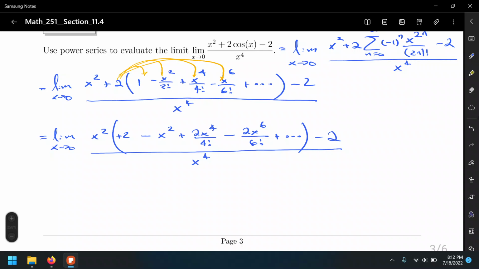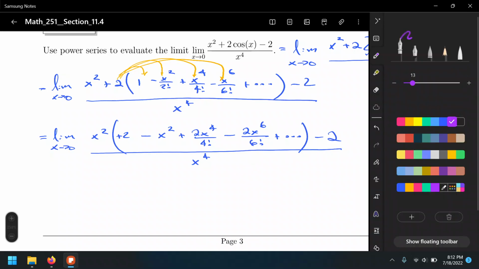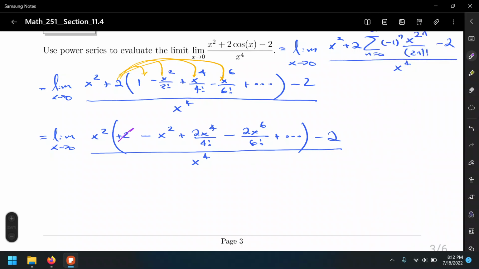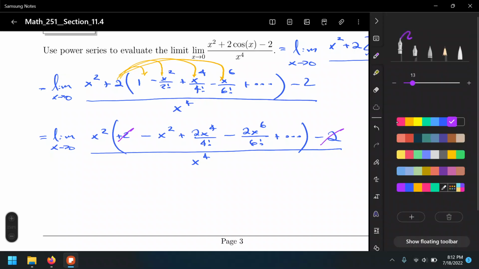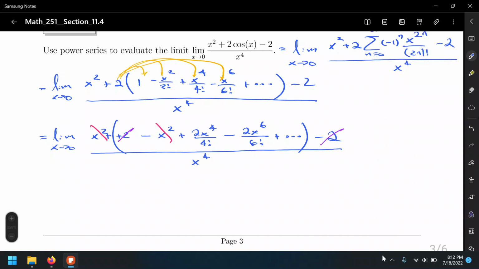So on the one hand, these 2's are going to cancel, and on the other hand, this x squared is going to cancel with that x squared. By the way, I needed a plus sign here to denote addition.